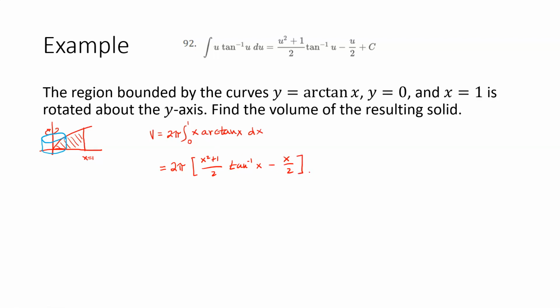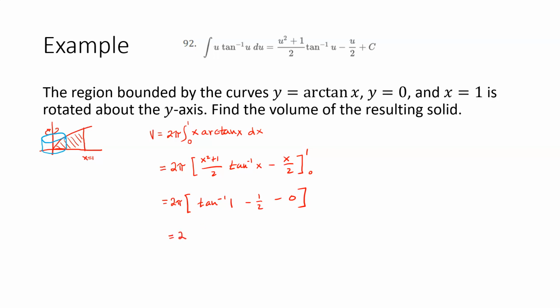Now we're going to evaluate from 0 to 1. Evaluating it at 1, we'll have 1 squared plus 1 over 2 is just 1 times tan inverse of 1 minus 1/2, minus, evaluating it at 0, 1/2 tan inverse of 0, which is 0, minus 0, so just 0.